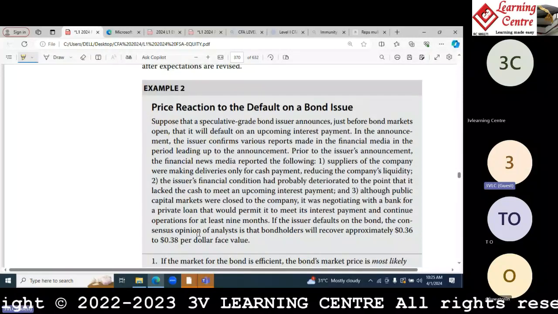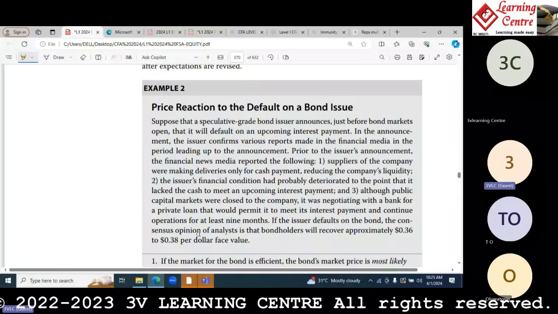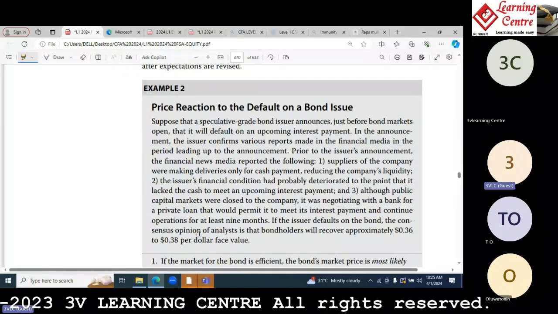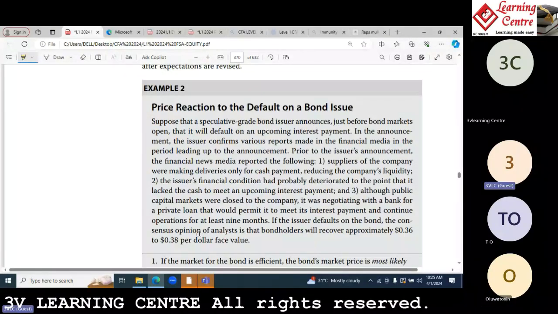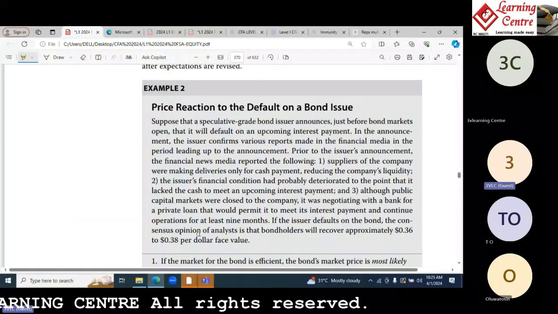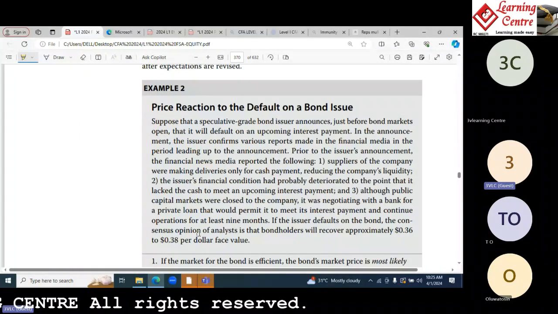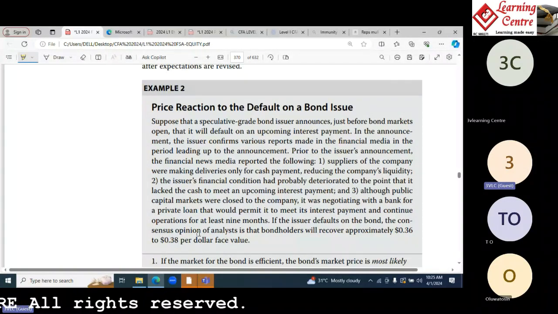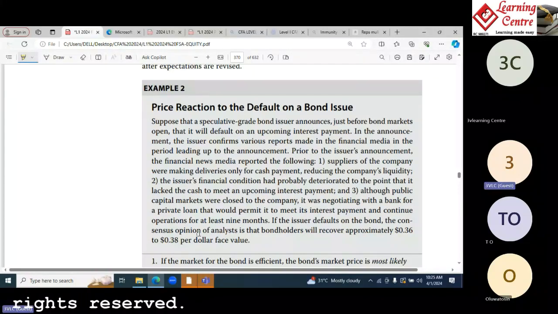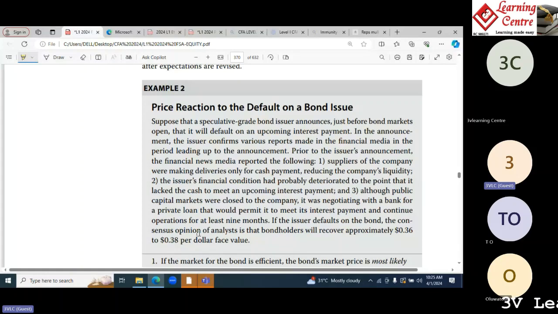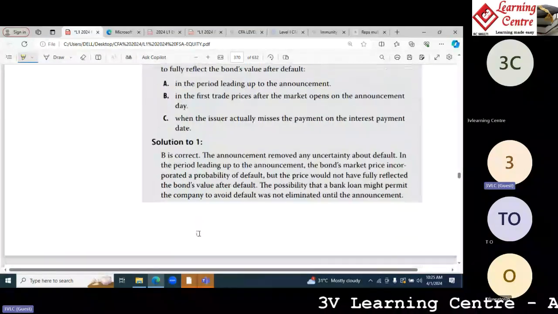In the announcement, the issuer confirms various reports made in the financial media in the period leading up. So that means the possible default was already in the media. So the answer should be A. So probably the reason why they finally came up to announce is because of that private loan that they did not get. So the answer is A.